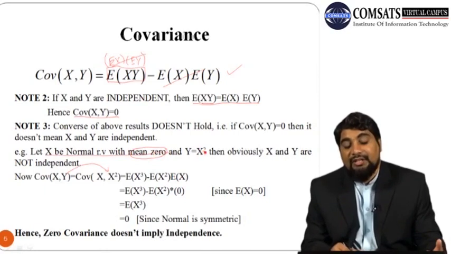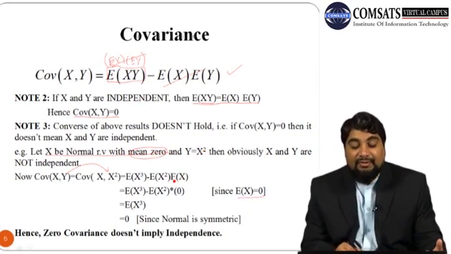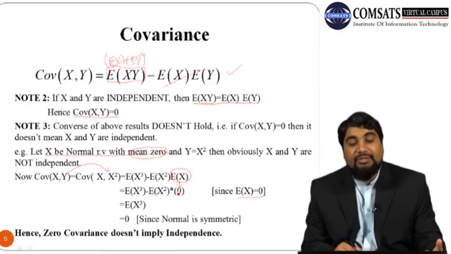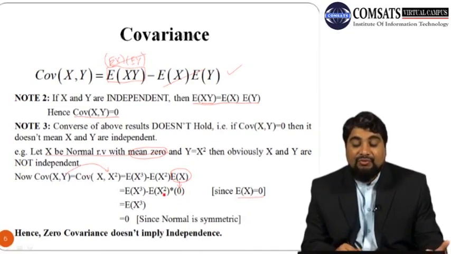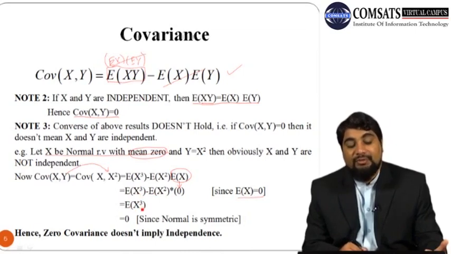If the mean of x is 0, it means expected value of x is 0. So this expression is equal to 0 by assumption. So 0 times x square is 0. So we are left with expected value of x cube.